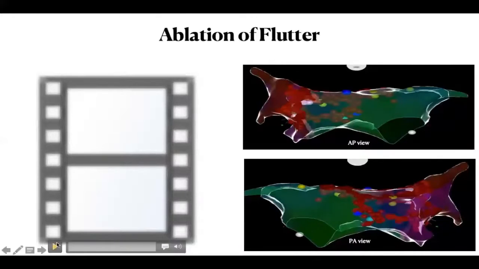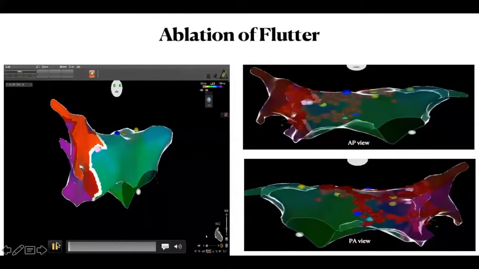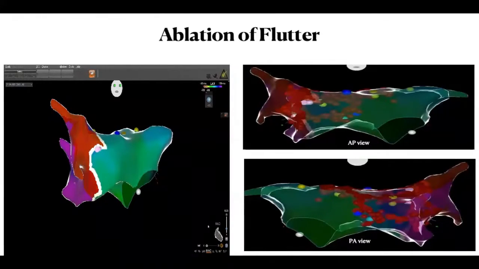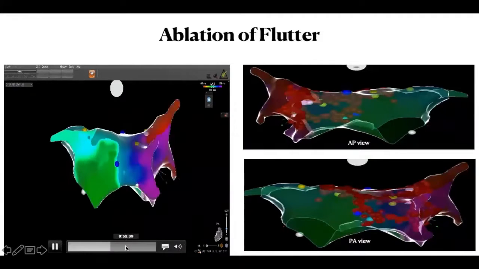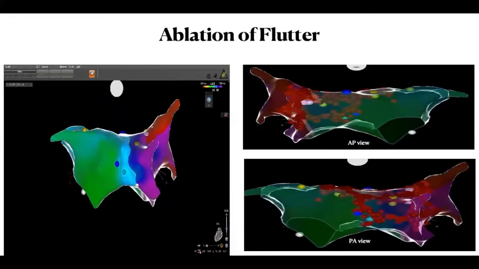This is the propagation map of the LA flutter, the first one being the AP view initially. This is the PA view. These are the ablation points that we got.